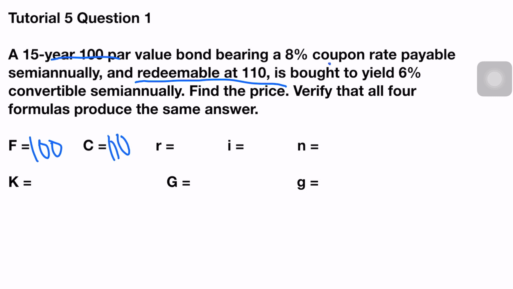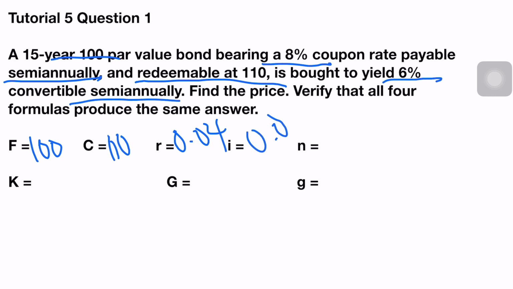It is here 8% semi-annually. Remember to divide by either 2 or 4, depending on the question. This is semi-annually, so 8% divided by 2 is 0.04. I is the interest rate to calculate the bond, 6% semi-annually, divided by 2, 0.03.